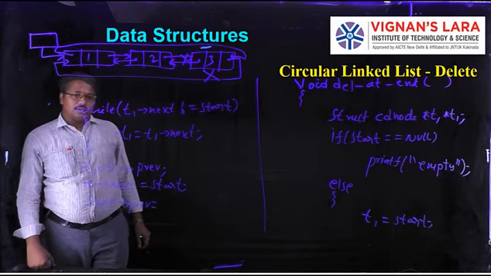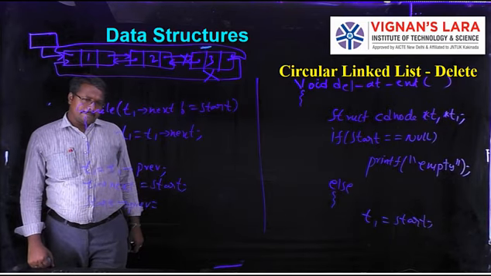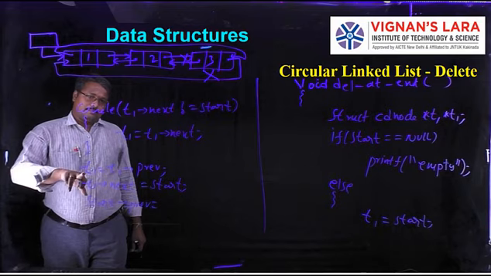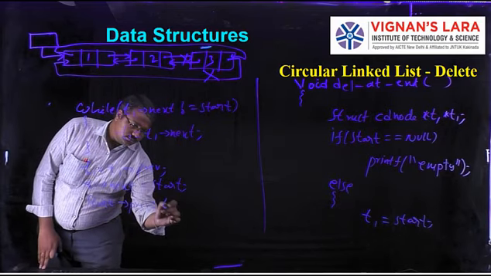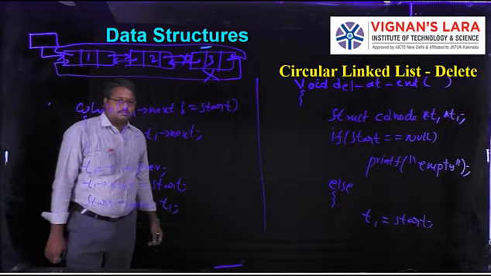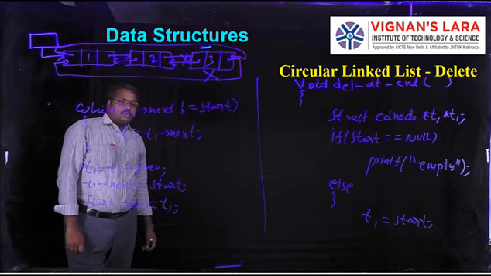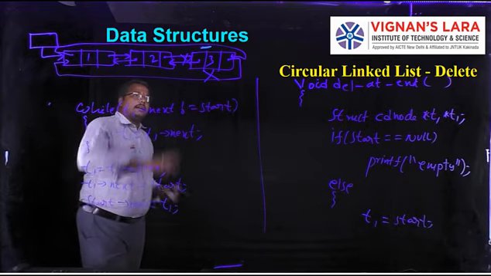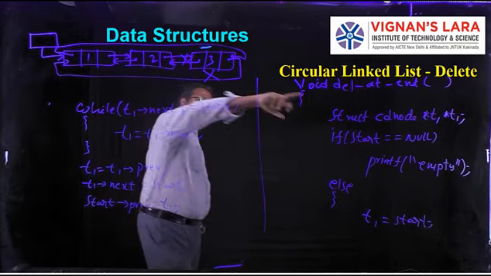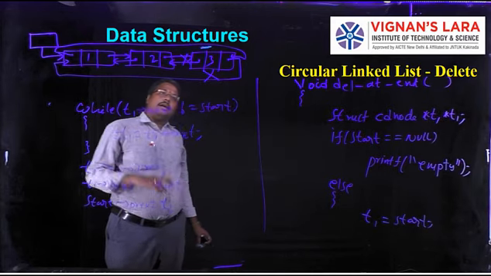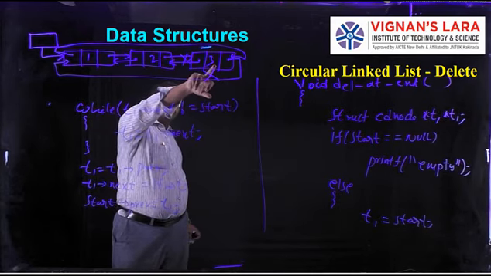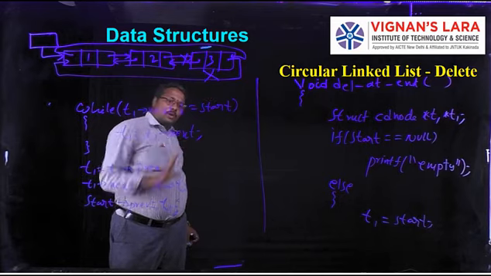Right now the last node address is in T1. And what is the node I am deleted? So the deleted node is 3. Why? Because I am calling delete end function. Okay. So whenever I am deleting this node, this node address I want.